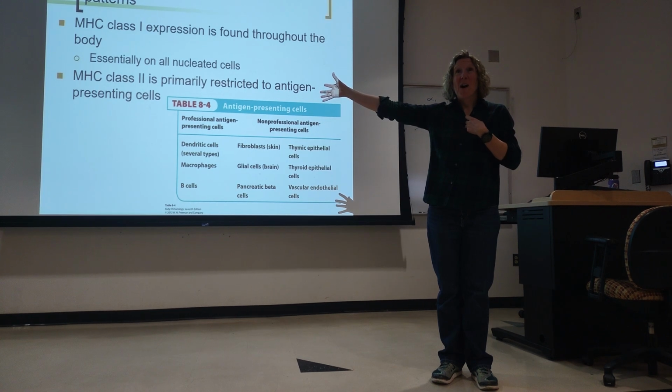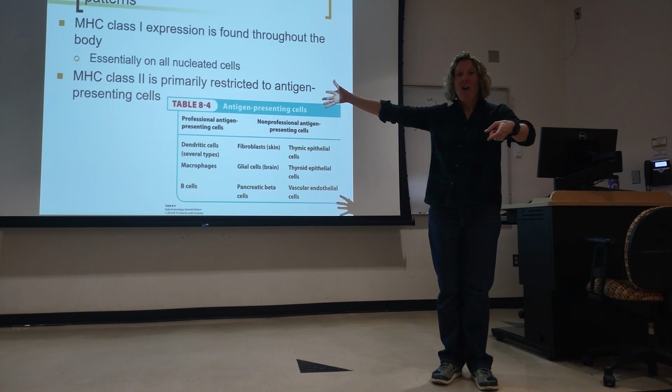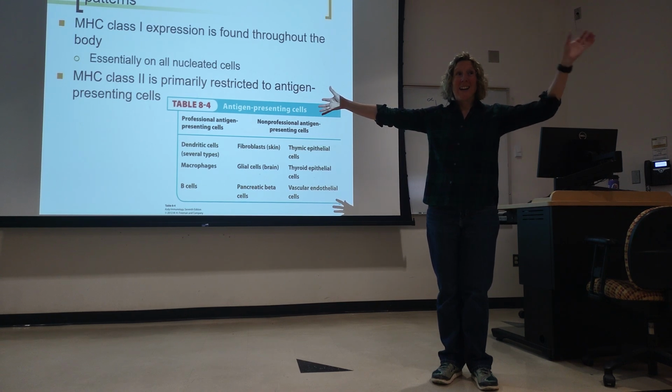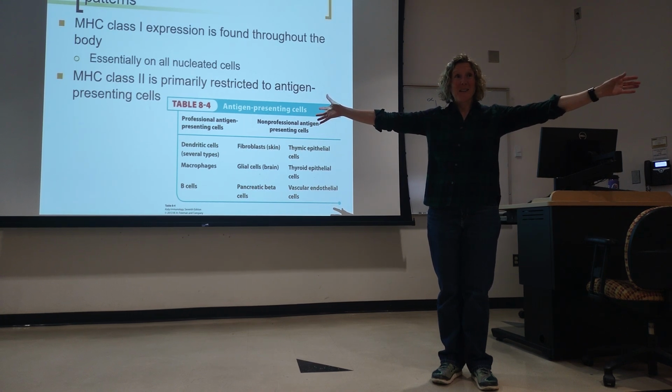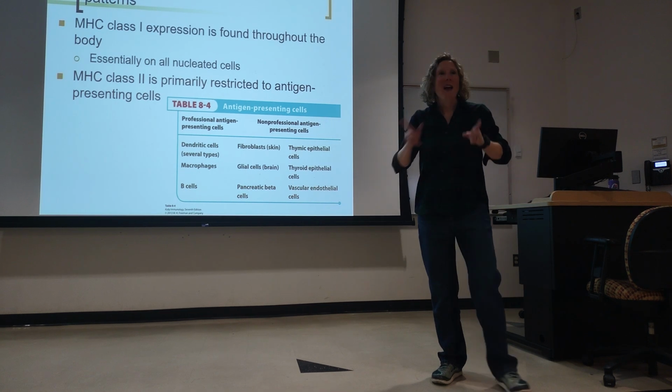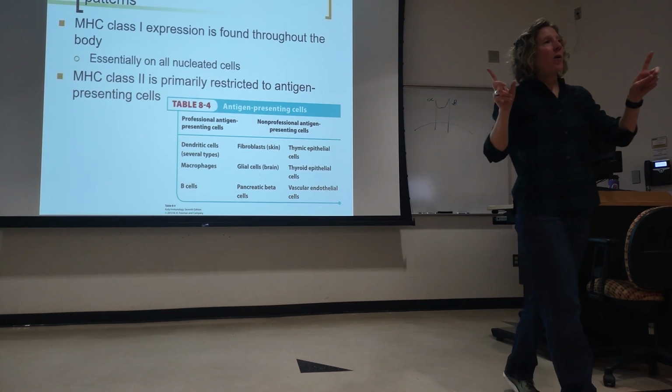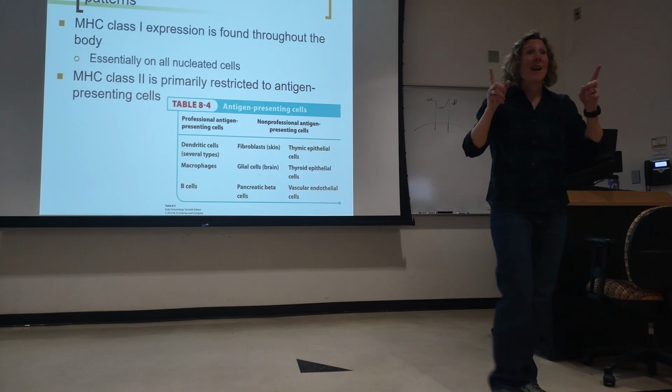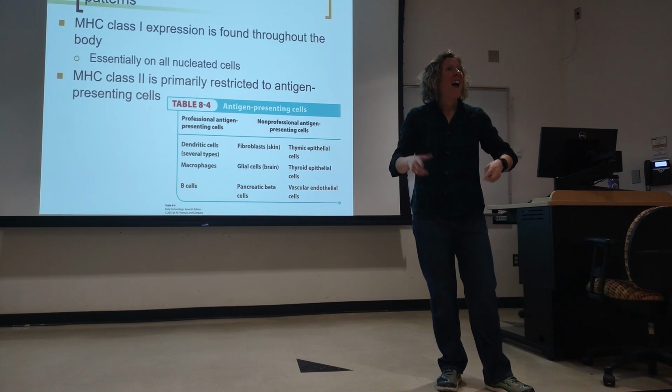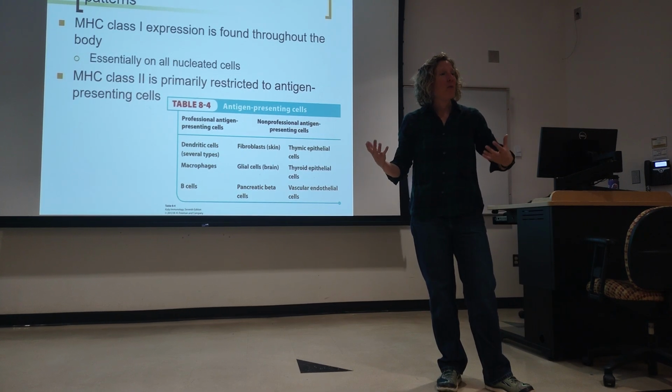I am also a dendritic cell, so I eat stuff, I chew it up, I destroy it, it's come from inside me. I can display things on a class 1 molecule at the same time. Dendritic cells act as a bridge between helper cells and cytotoxic cells because they can talk to both groups of cells at the same time, relay information to both groups.